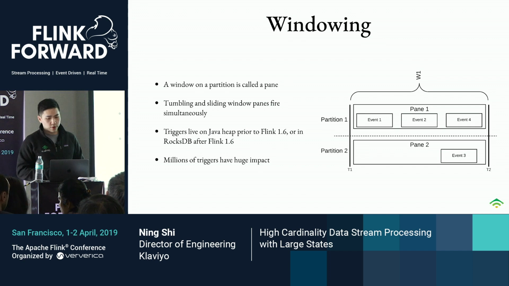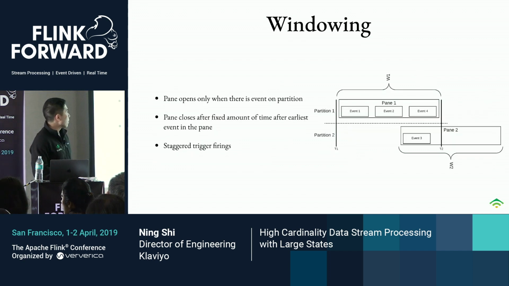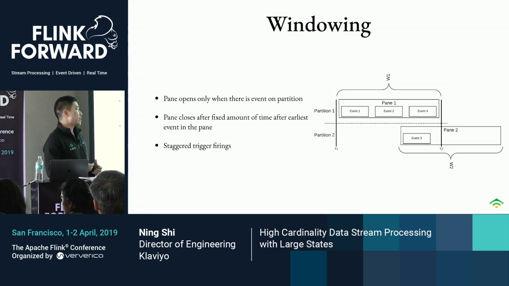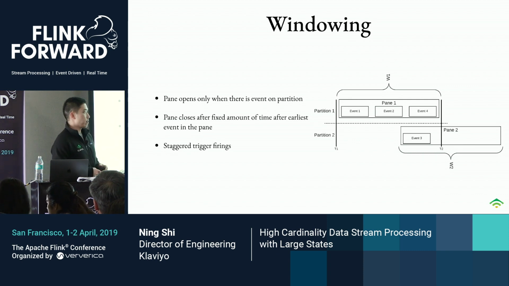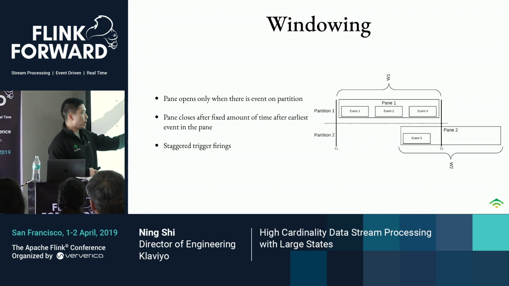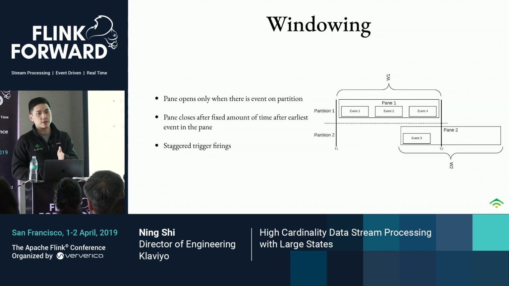So what we ended up doing is that we wrote our custom window, and it basically works like this. Instead of saying every pane on every partition starts at the same time and ends at the same time, we say a pane doesn't open until it sees the earliest event.